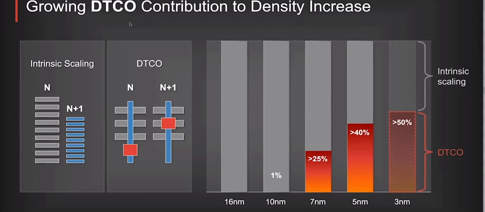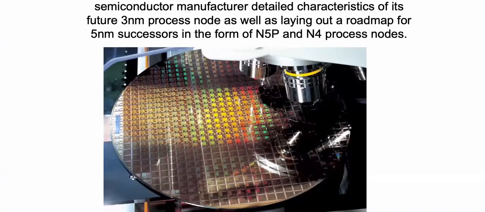I apologize, I lost my place. Okay, so this is taken from the news. I took it from one of the websites and one of the newspapers. The Taiwanese semiconductor manufacturer detailed characteristics of the future 3 nanometer process node, and they have the roadmap for the 5 nanometer successors, N4 and N5P process nodes.